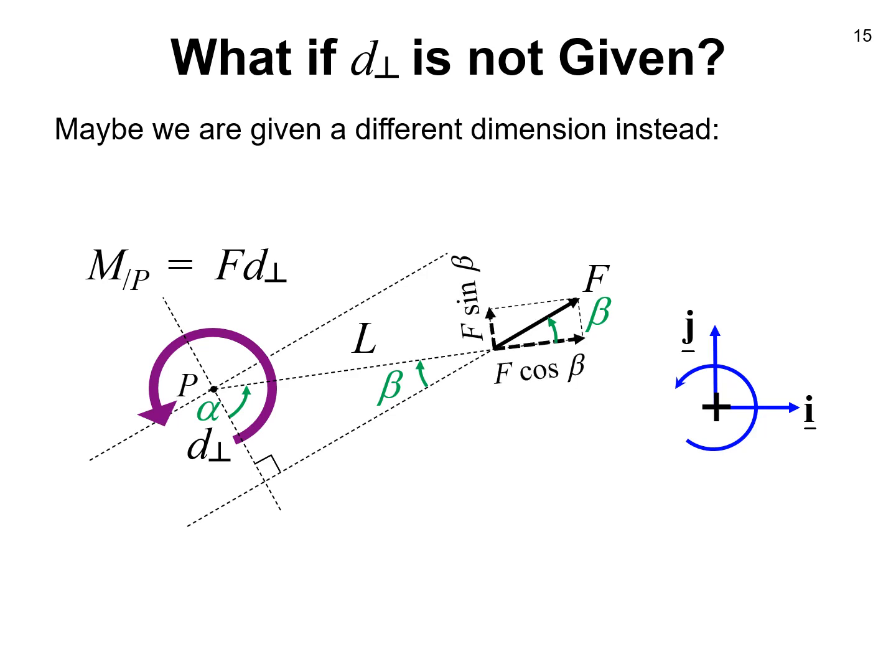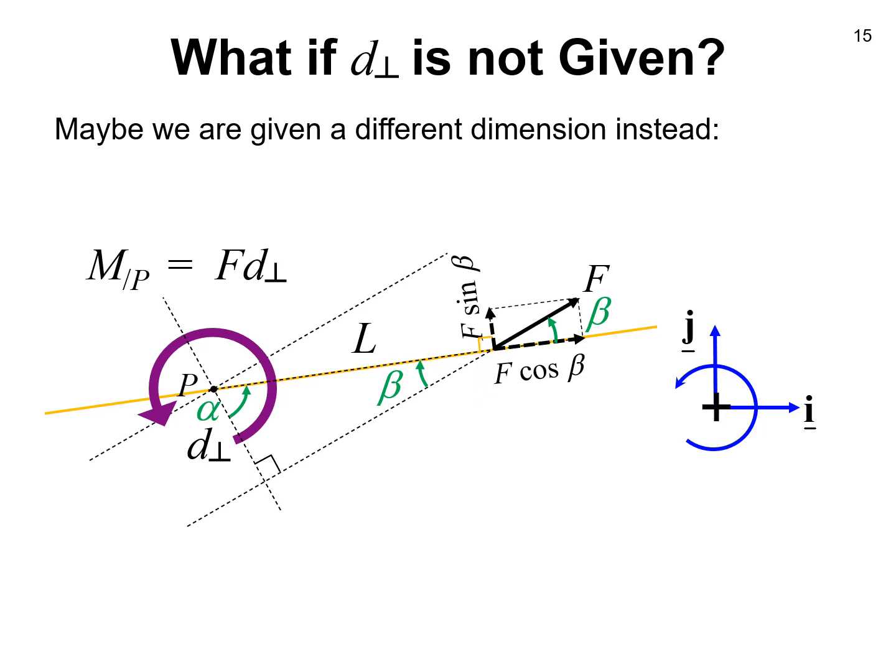So now I can make components of F relative to that system. And if I now recalculate the moment about P, I notice that the component F cosine beta is going through the point P, and therefore does not cause any moment.